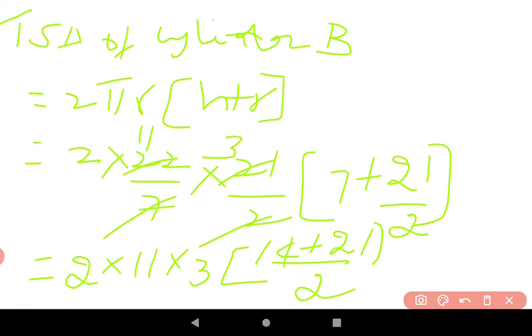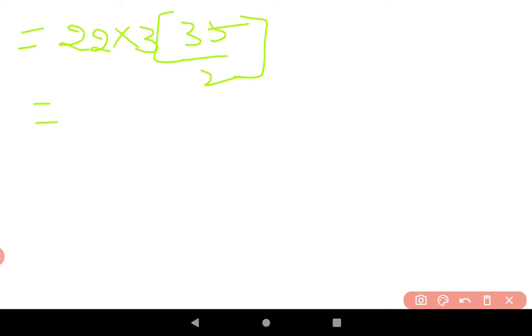I think you can note down that 2 into 11 into 3, 14 plus 21 by 2, right? So let me start from here. So what we got is equal to 22 into 3. So 14 plus 21, what happens? 35, right? 35 by 2. So now what we have? 66 into 35 by 2.